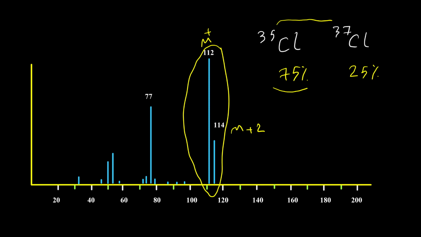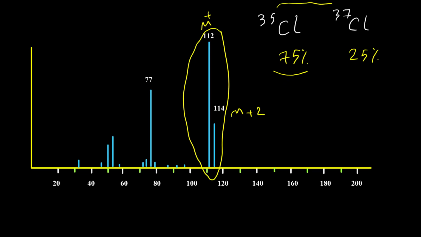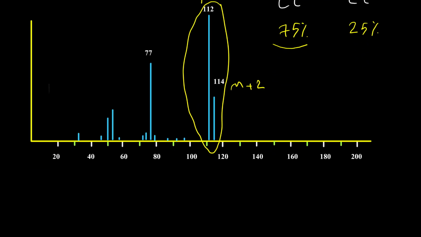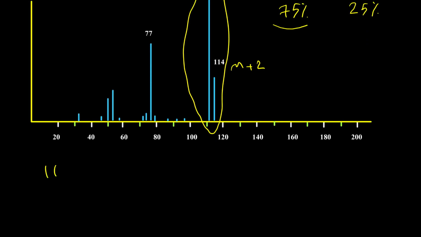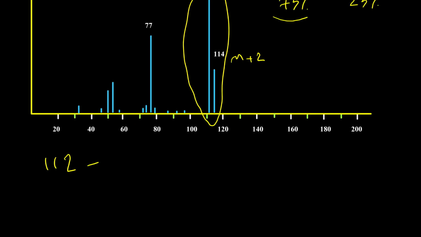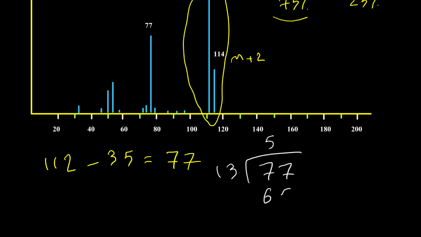If we have more than one chlorine, the pattern will be different. The calculation for the molecular formula is exactly like bromine. We have to use the parent peak 112 and we need to subtract the mass of chlorine, the first isotope, 35. So 112 minus 35 is equal to 77. Then 77 divided by 13 is 5, with remainder 12.